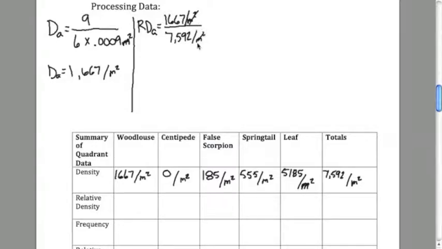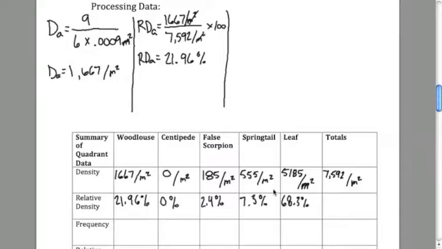The meters squared cancel out, and then we need to multiply our answer by 100. So the relative density for A equals 21.96%. So that's the relative density of organism A. So we can put that down here as 21.96%. And of course, when you total these up, you should get approximately 100%.